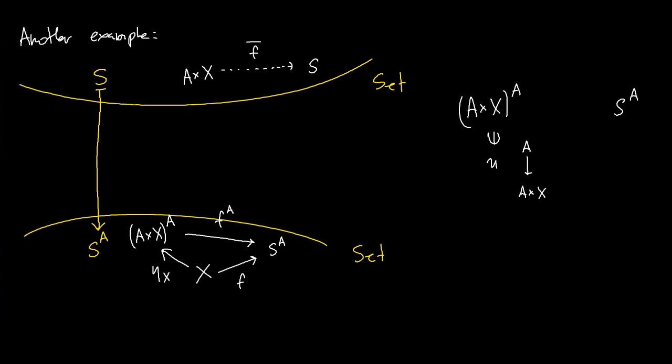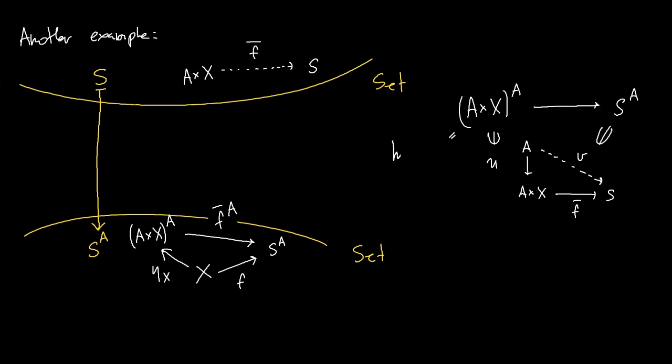This should be not f to the power A, but f bar to the power A. So if I'm given some map f bar from A cross X to S, then I have an arrow here. This is f bar arrow, and then I can compose these two arrows to get an element of S to the power A.